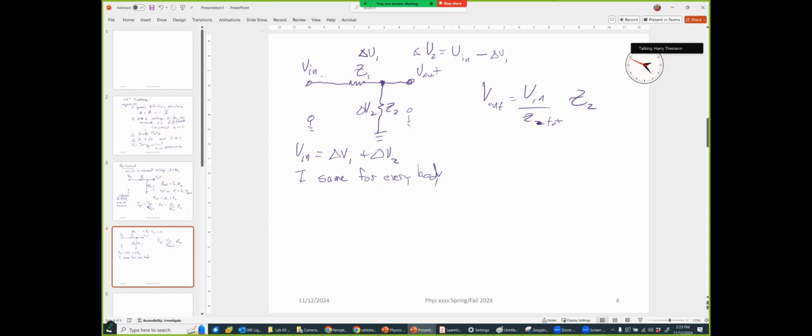There's some voltage, and the voltage drop across Z1 is going to be V out. Give me a minute. No, it isn't. But it's what creates V out. If we know delta V1, we still have to use V in and do the subtraction to get the voltage out. But it's so much easier.